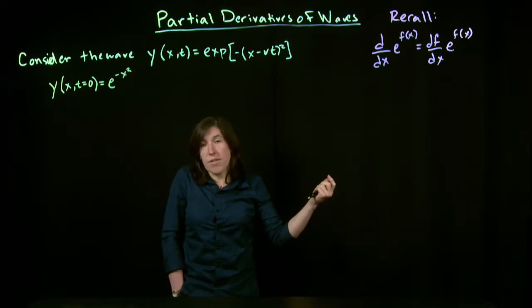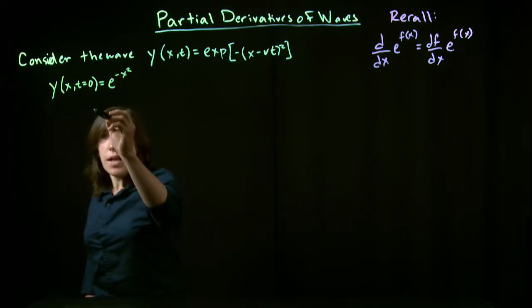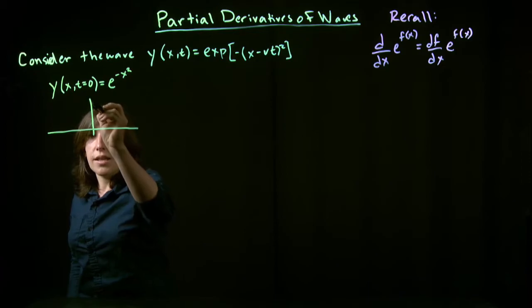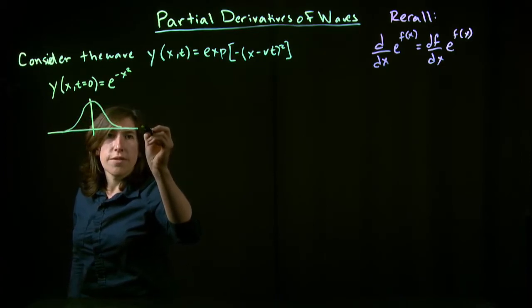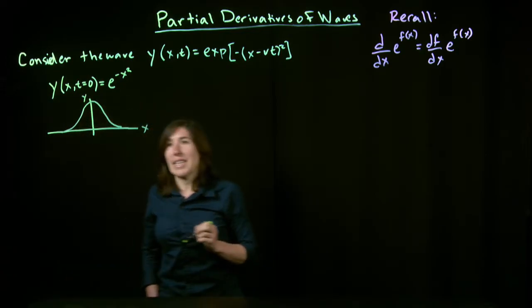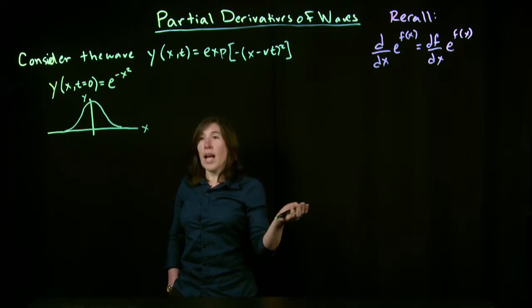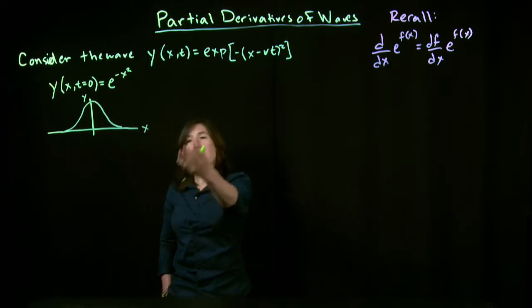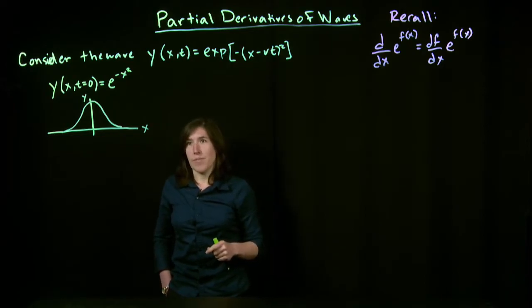It's now just a single variable function. And we can plot it, and you'll see that it looks something like this, which if I were a better artist would look more symmetric, but you get the idea. So if you were to take a photograph of a wave that satisfies this equation at time t equals 0, it would look something like that.